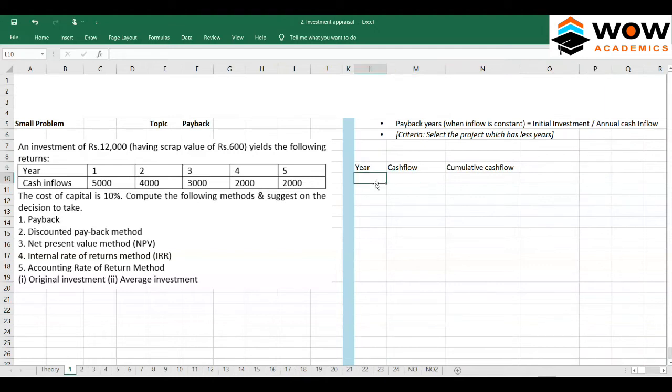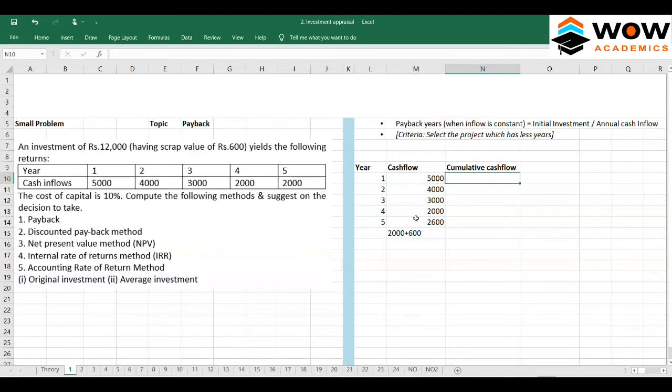So we have years 1, 2, 3, 4, 5, and cash flow such as 5,000, 4,000, 3,000, 2,000. Okay, at the end of the year, if you see, the investment is giving a cash inflow of 2,000, but we also get another cash flow which is the scrap value. Scrap value is also a cash inflow because we sell the asset and we get the money back, so it becomes 2,600.